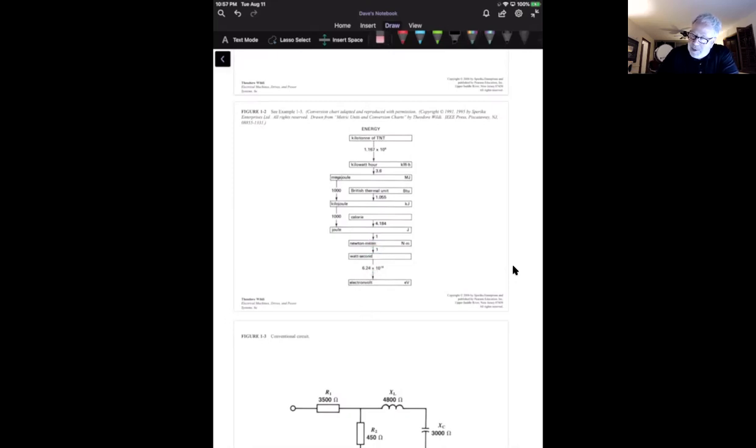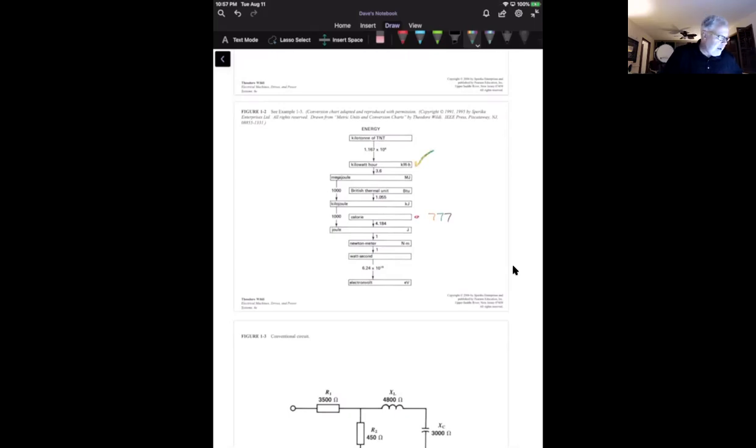But for this particular example, he says I have 777 calories. So I'm right here. I've got 777 calories, and I want to convert that to kilowatt hours. So that is here. What's the shortest path to that?